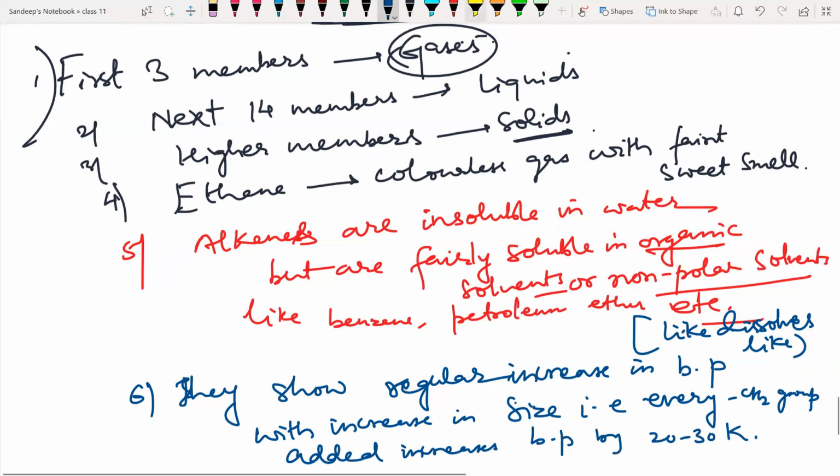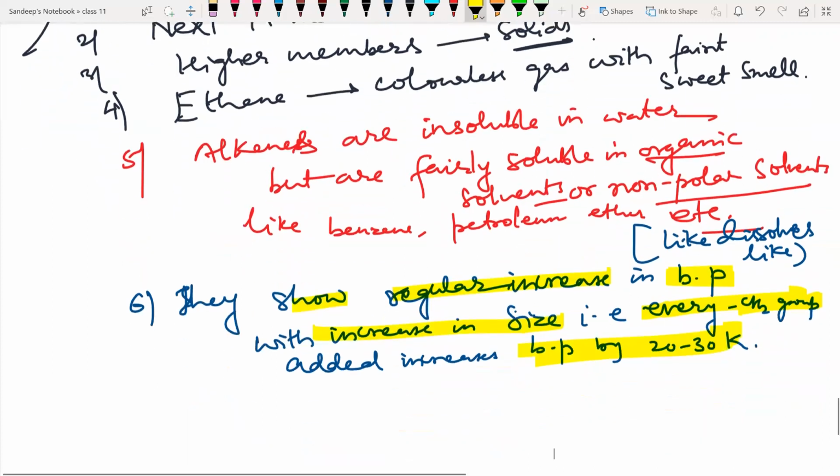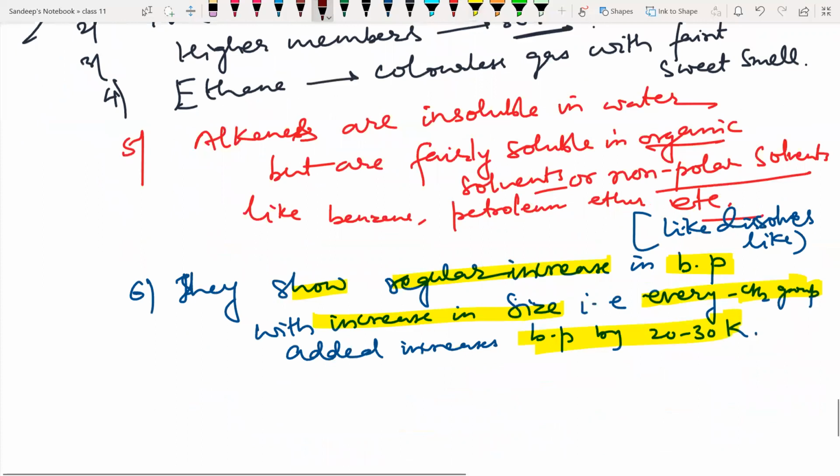Note down. So as the size of the molecule increases with every methylene group, that is 14 AMU, the boiling point increases by 20 to 30 Kelvin. So the higher members of alkenes will have the highest boiling point.